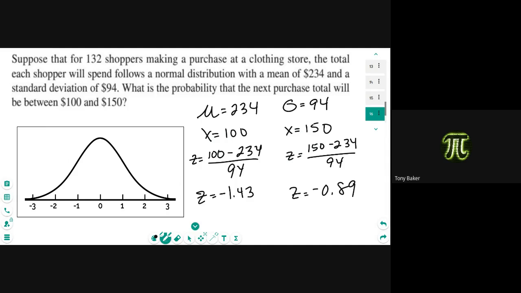So the next step is do a little sketch to figure out what we're looking for. So I got negative 1.43 and negative 0.89. And we're looking between those two, right? So now, look at the negative side.